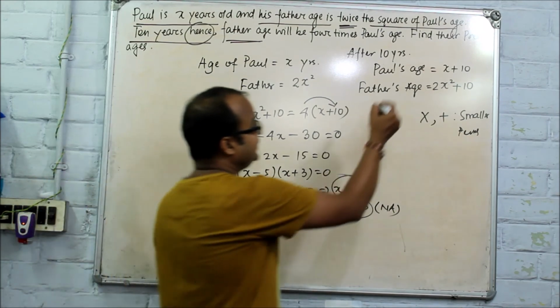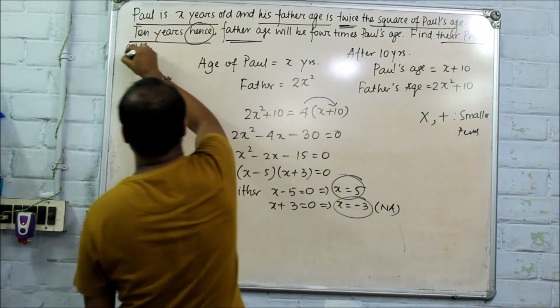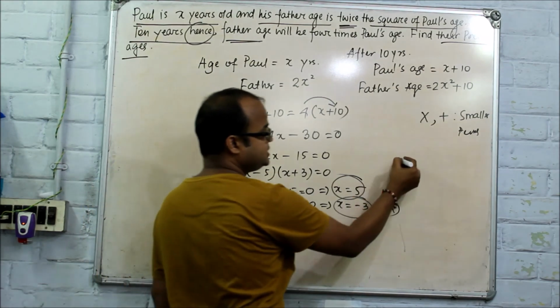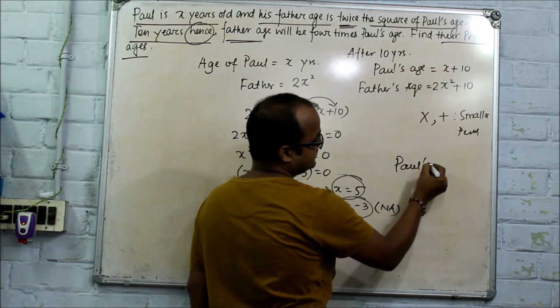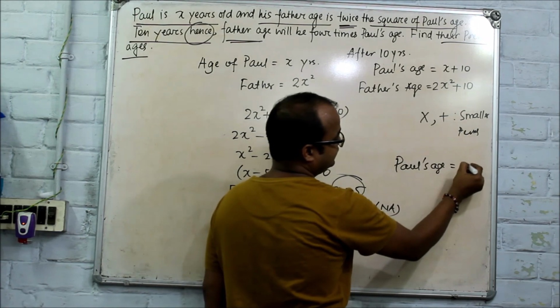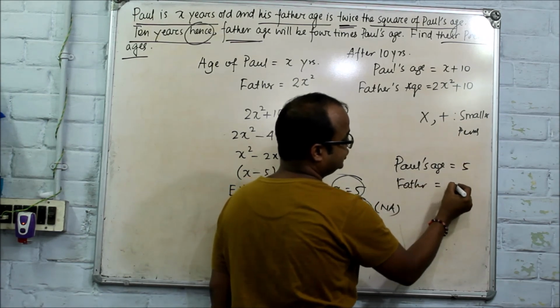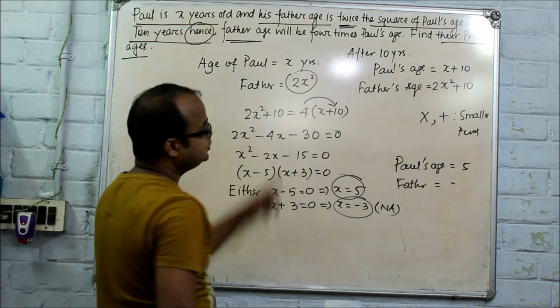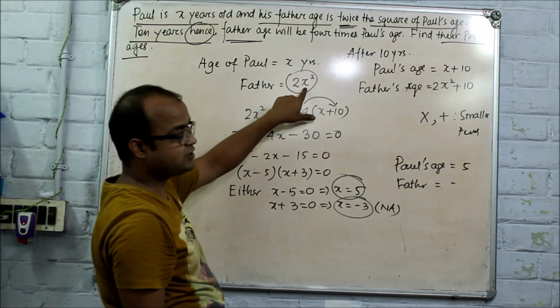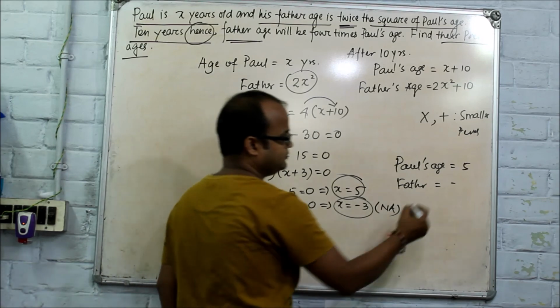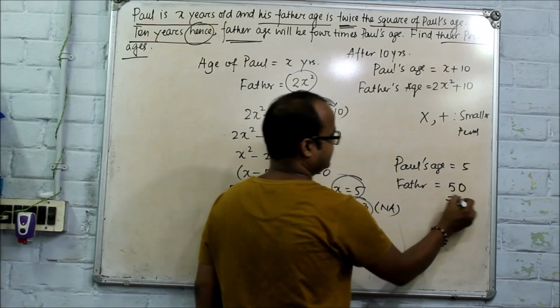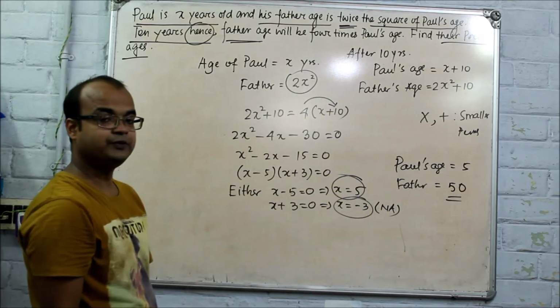Now we have to find out their present ages. So Paul's age is equal to 5 and the father's age is equal to 2x square. So if x is equal to 5, x square is 25, into 2, that is 50. The father's age is equal to 50 years.